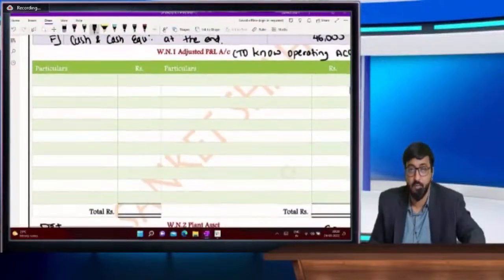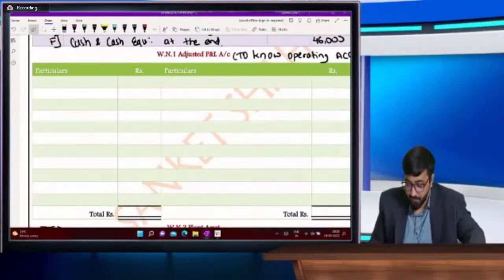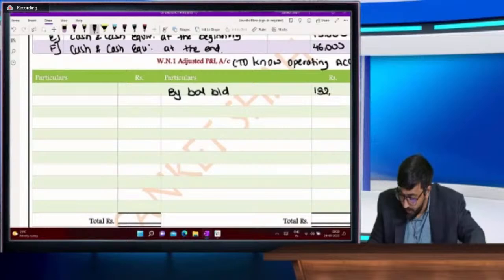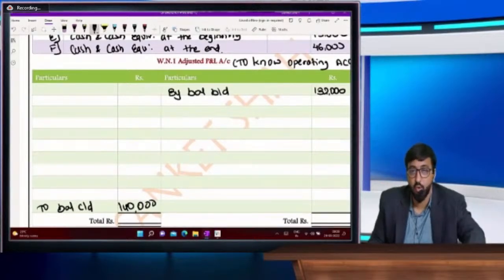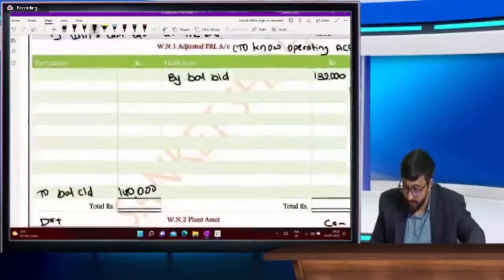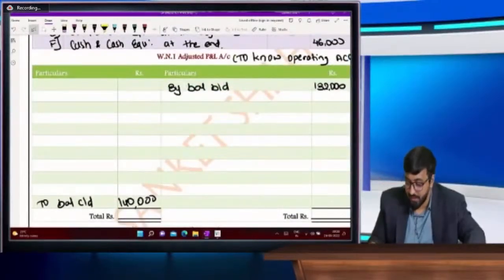Now see, if I write here adjusted P&L and you can write over here 132 and last line to balance carried down 140. It is very easy for us to write debit and credit. So we started 140, 132 retained earnings. Adjusted P&L means reserves and surplus closing balance.